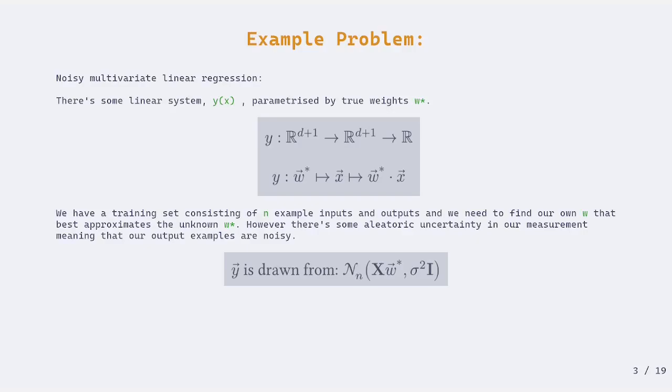And I'm packaging that all together into one giant multi-dimensional normal distribution. So it's like a Gaussian curve in many dimensions around this X times w star. We evaluate the true model on all our training examples to get the mean, and then we put some noise around it.